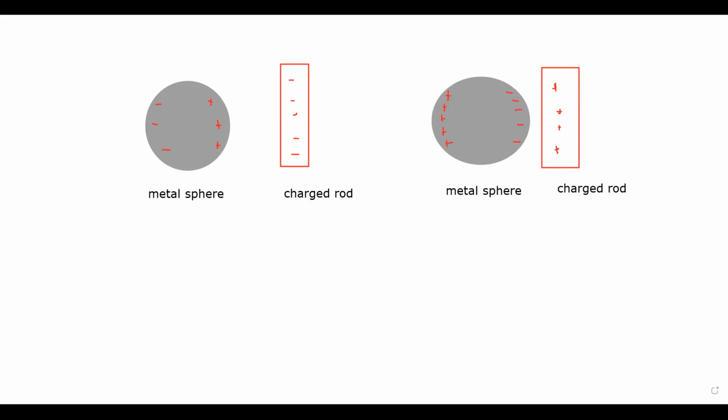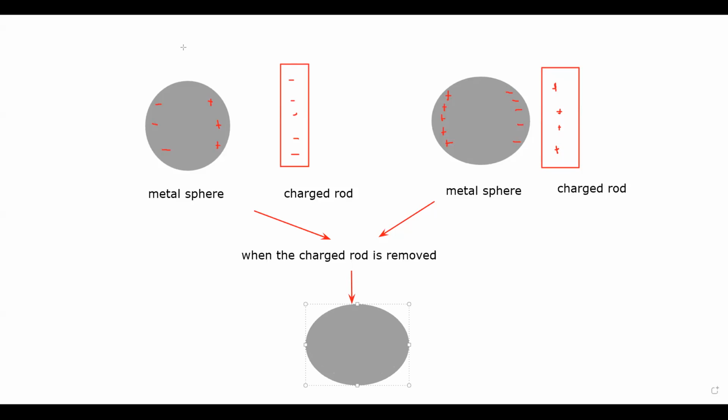And when the charged rod is removed, in both cases, the moment we remove this charged rod, even for the first one or the second one, what will happen? This metal is neutral. In all the cases, the metal is neutral, the only thing that happened is the charges were distributed.